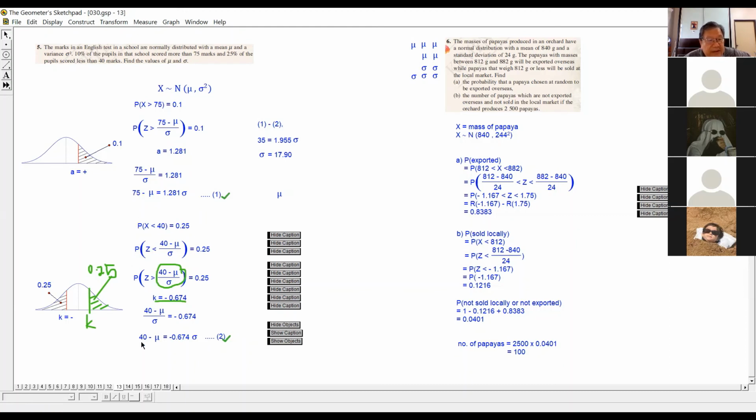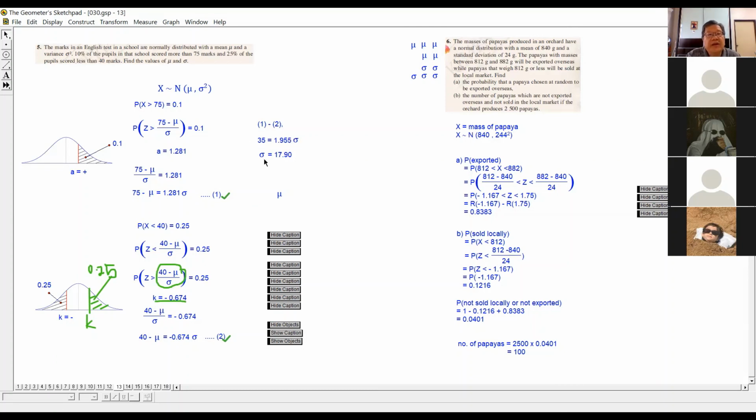75 minus 40 is 35. Then negative mu minus negative mu becomes negative mu plus mu, so the mu will cancel away. Over here, 1.281 sigma minus negative 0.674 sigma; minus minus becomes plus. So I add 1.281 and 0.674, altogether 1.955 sigma.